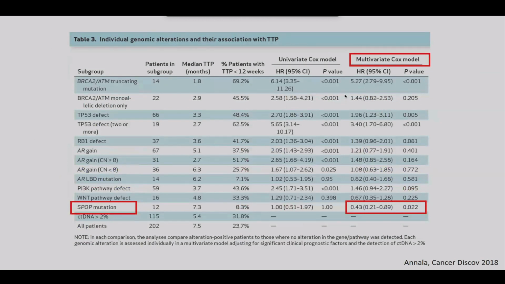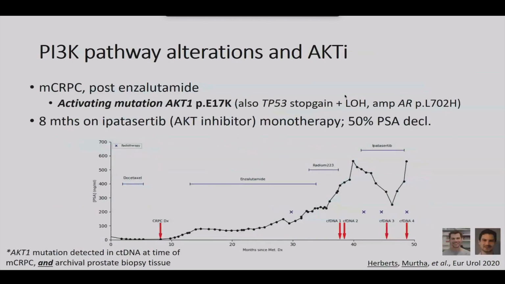SPOP mutations, which are present in about 10% of patients, seem to have an association with good outcomes. And then here's a case report showing that rare alterations can also still be relevant. This is a patient with an AKT1 hotspot mutation who derived benefit from monotherapy of patasertib, which is an AKT inhibitor, despite having heavily treated CRPC.